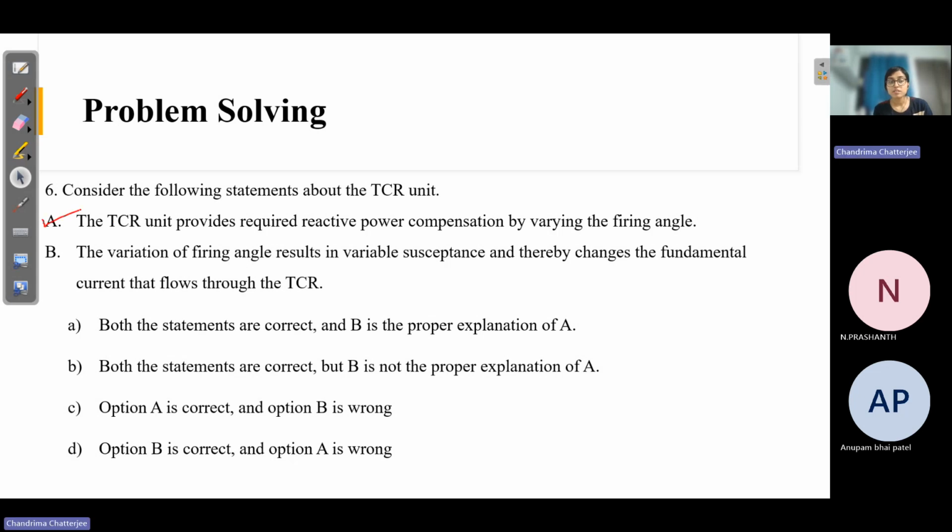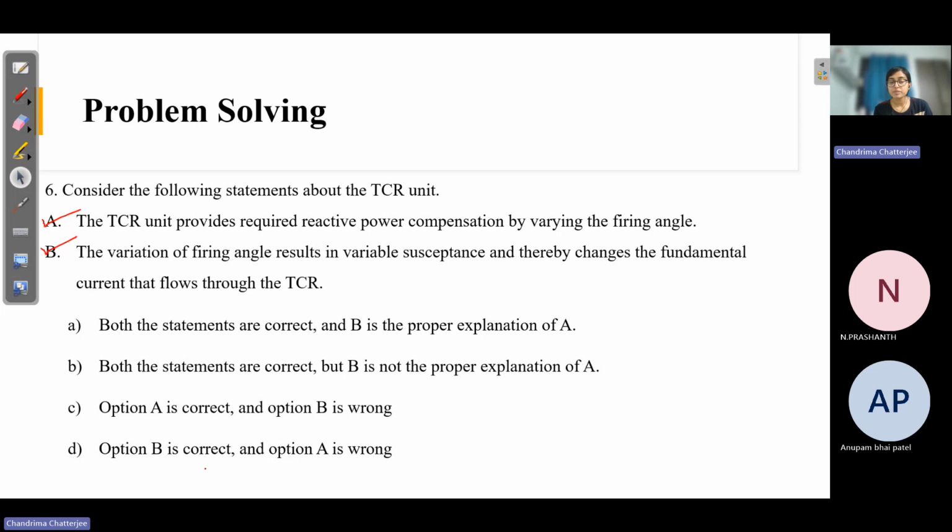Among these two statements, there are these options. A: both the statements are correct, and B is the proper explanation of A. B: both the statements are correct, but B is not the proper explanation of A. C: option A is correct, but option B is wrong.